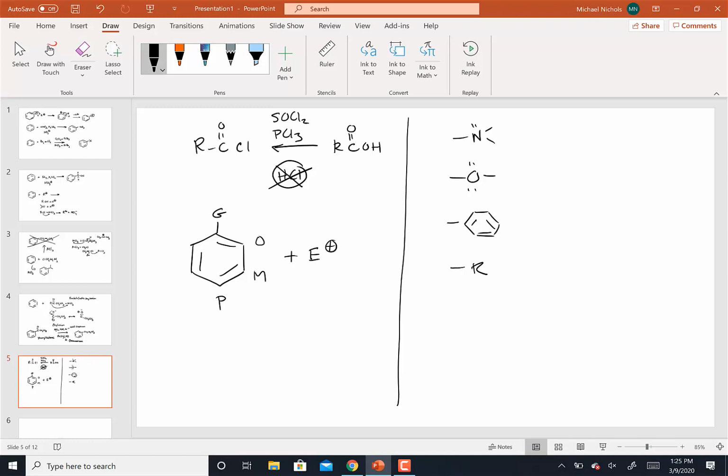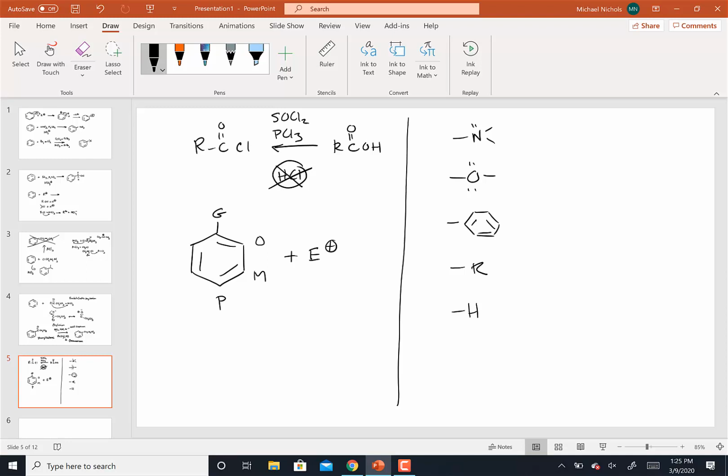Those were all of our electron donating groups, and I'm putting them in order, most to least. Then we have hydrogen, because hydrogen is the baseline.